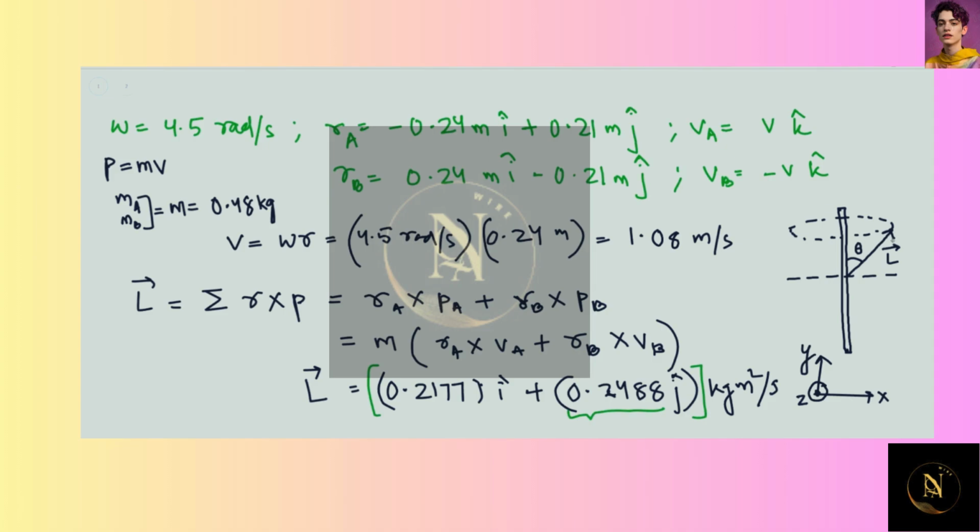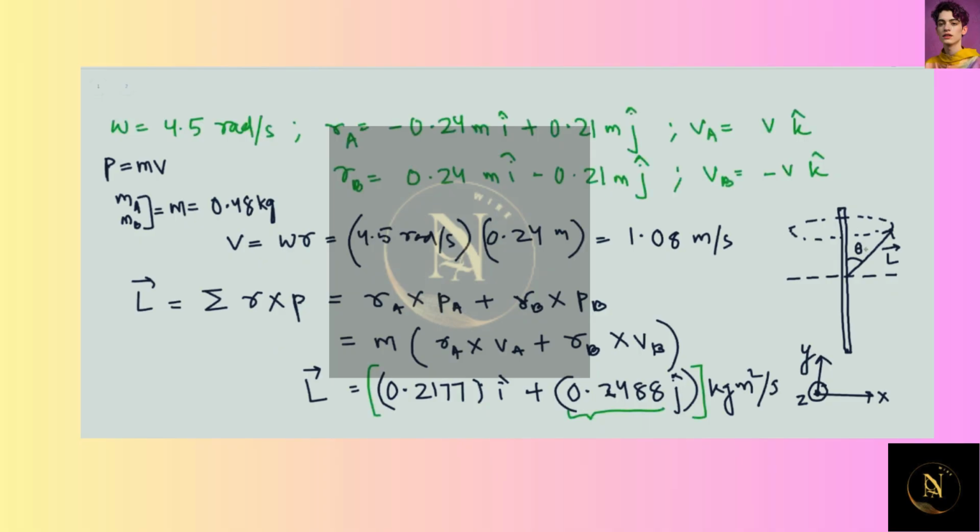So L makes a fixed angle theta with respect to the axis of rotation, which is the y-axis, and this means that tan theta will be equal to the perpendicular component over the base.